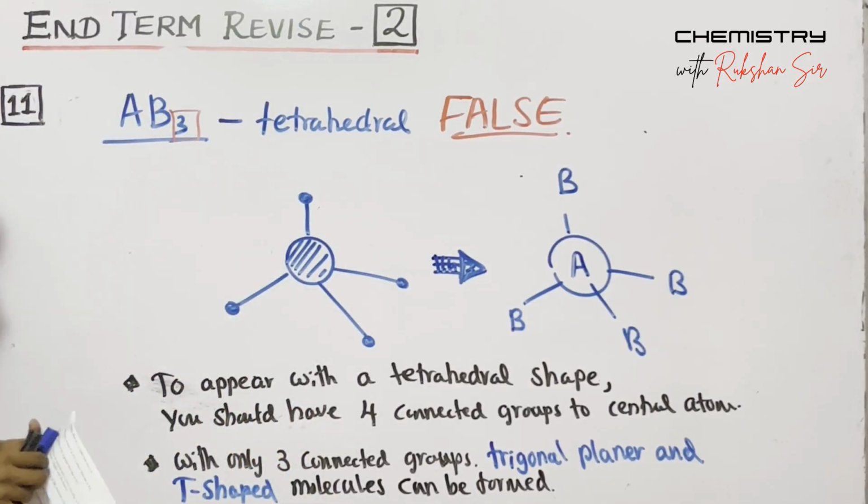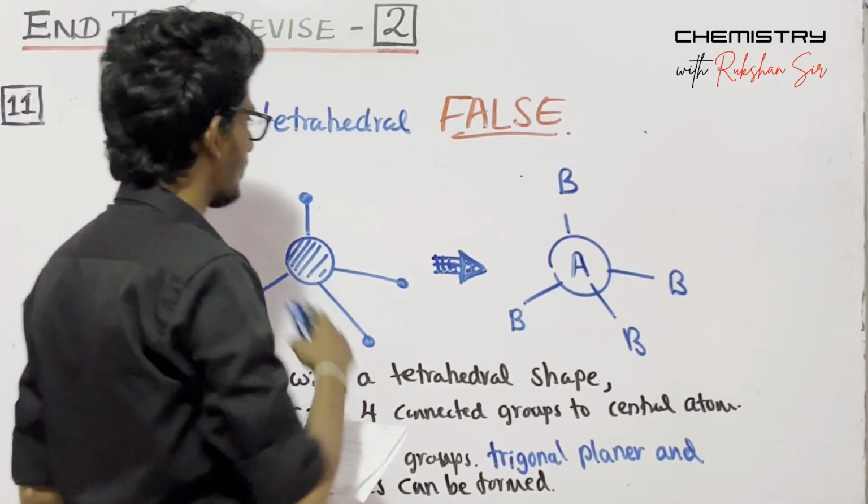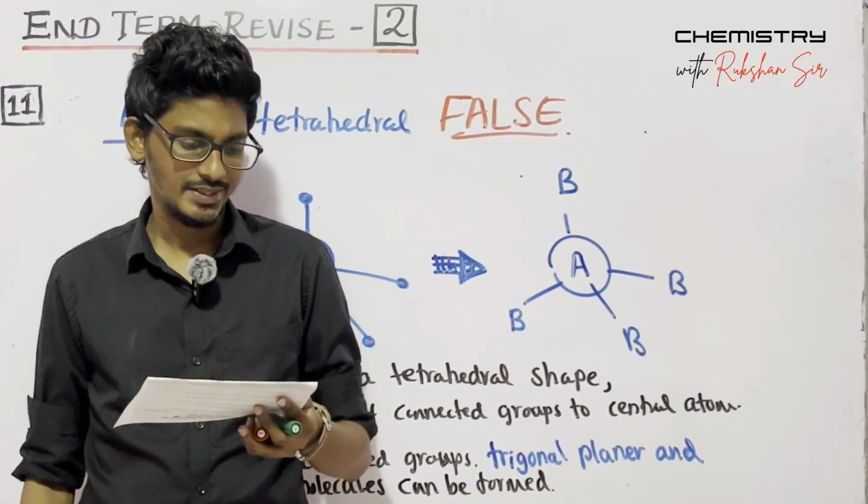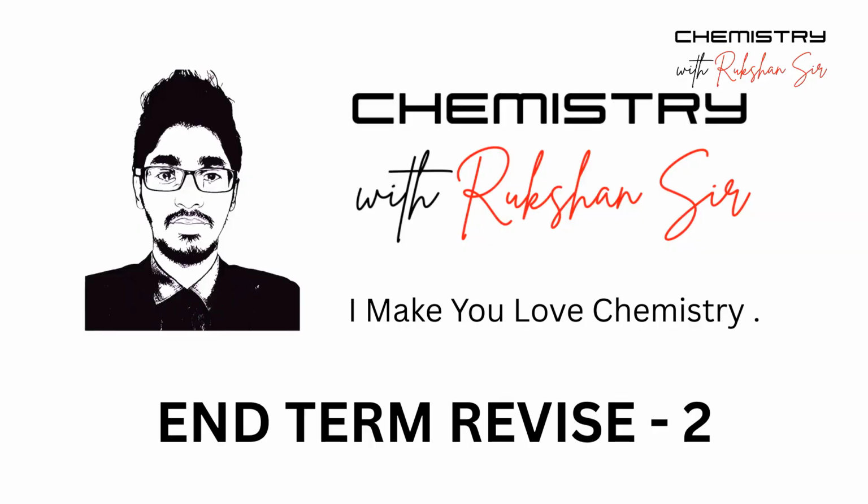You can't have tetrahedral with only three groups attached to the central atom, right? So that is the review for statement number 11.